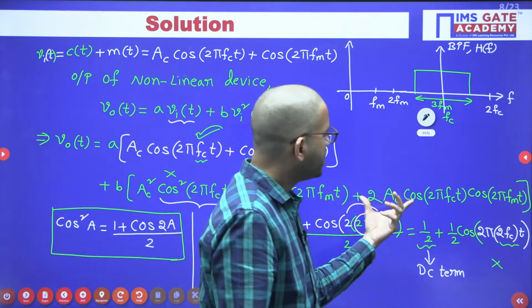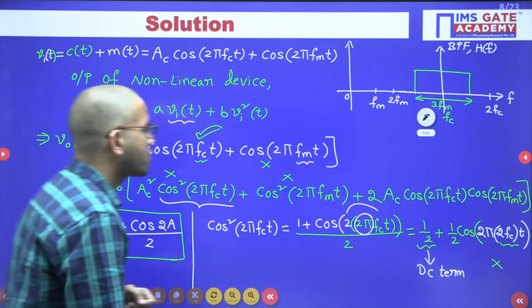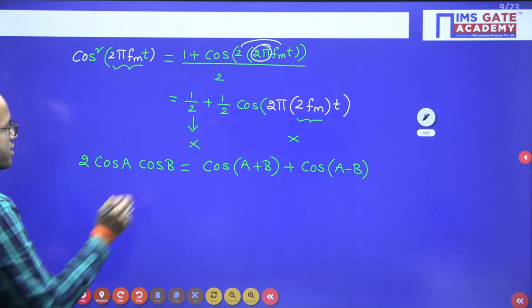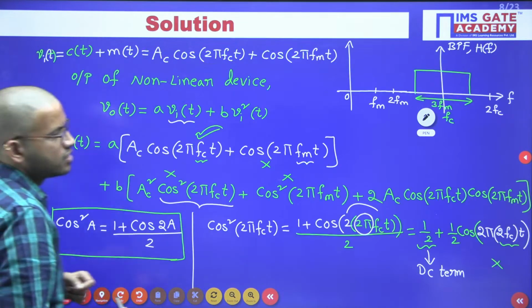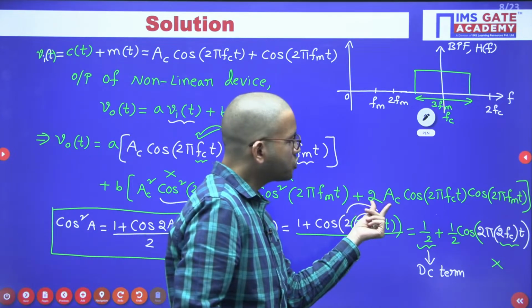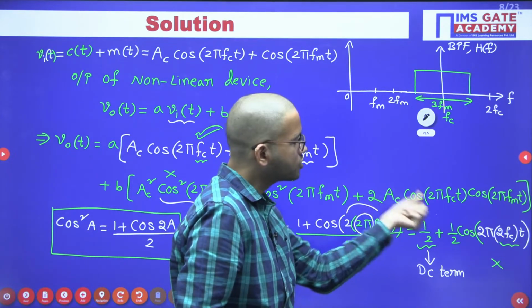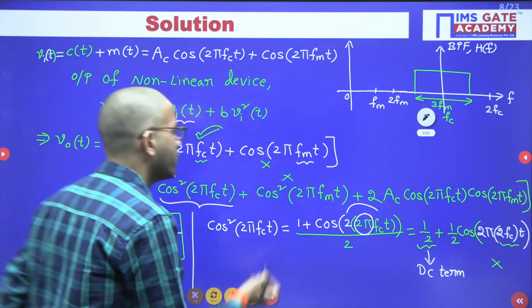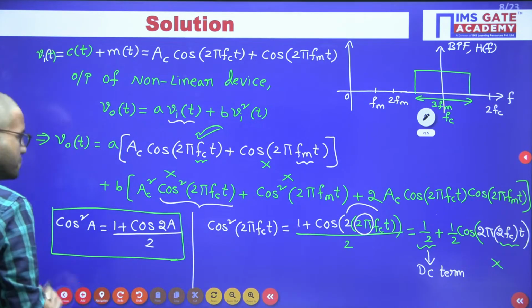Here you are having 2 cos A cos B. So here you are having 2AC and then cos 2 pi fc t, cos 2 pi fm t. That overall term I am writing here.